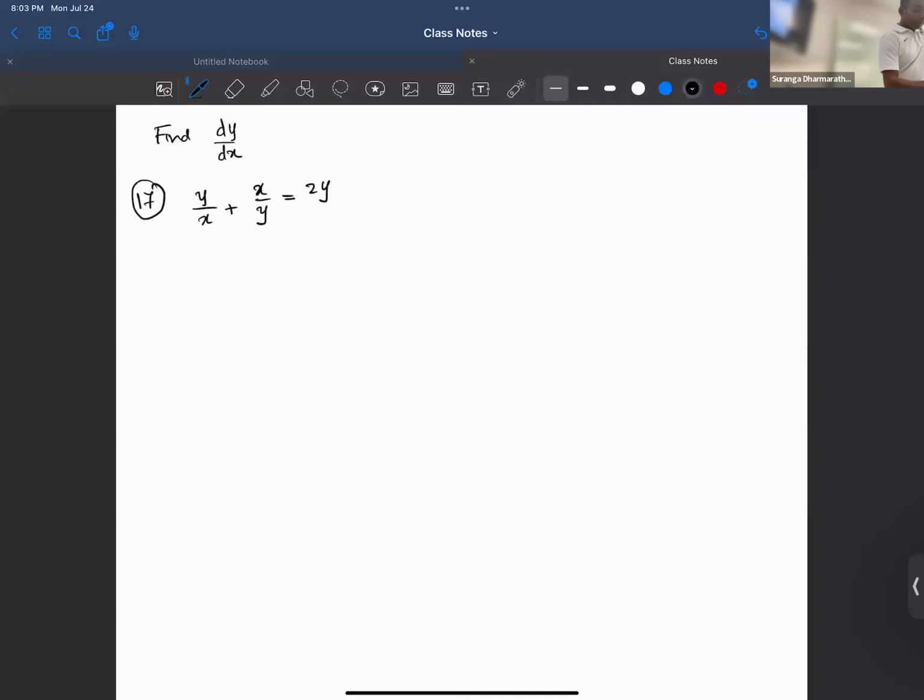So this is d over dx y over x, and I can write the sum rule over this side, d over dx x over y equals d over dx 2y. We differentiate in terms of x, not in terms of y. Okay.